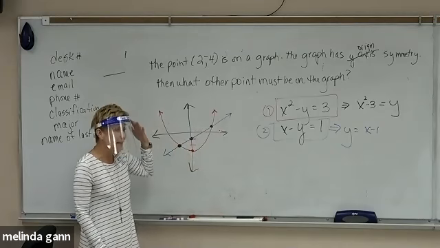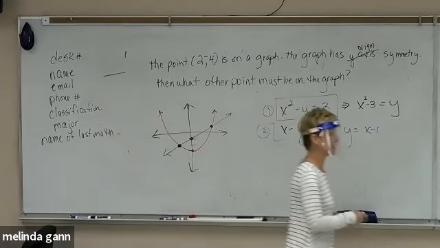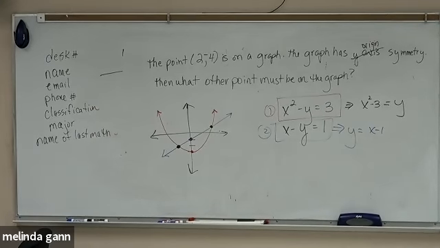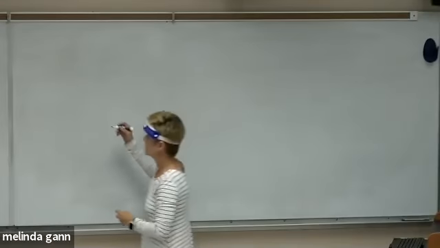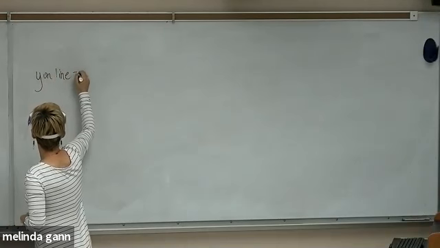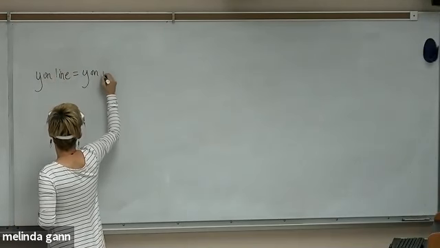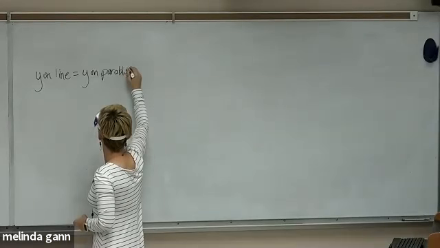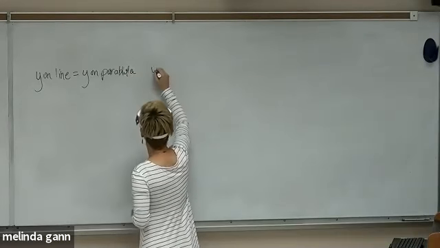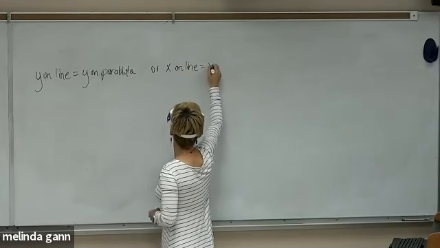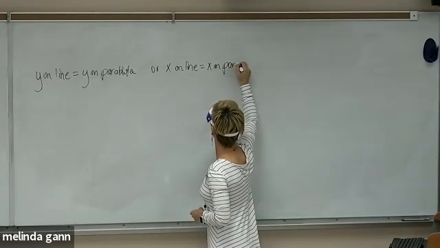So what I'm thinking in my head is that the y on the line is going to be the same thing as the y on the parabola. Or I can think of it as the x on the line is the same thing as the x on the parabola.